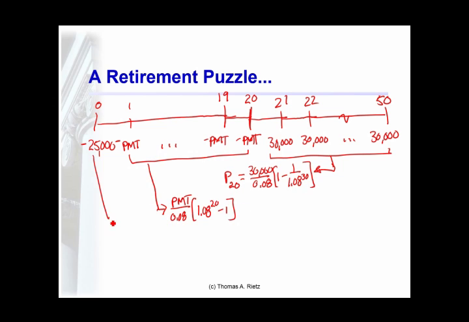In addition, I have $25,000 today that I'll just take forward as a simple payment for 20 years. That is also the value at date 20. So I need these two things to be equal to each other.